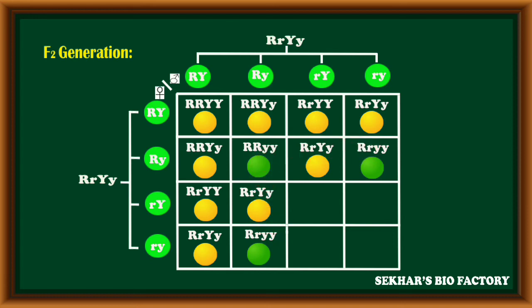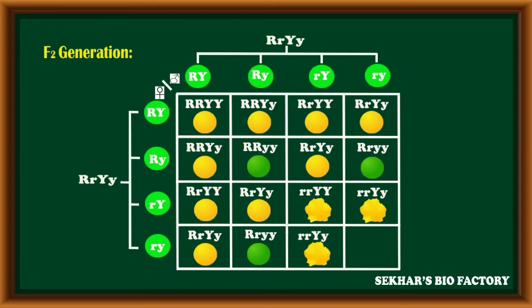It is round green. The next combination is small r, capital Y. The phenotypic character is wrinkled yellow. It is also not seen in parental combination. Next combination, small r, capital Y, small y. It is also phenotypically wrinkled yellow.